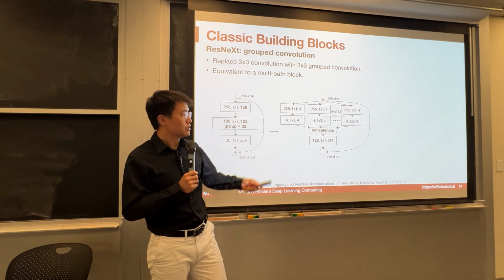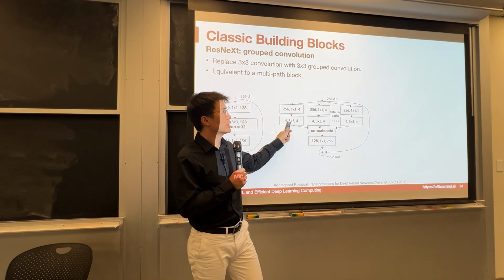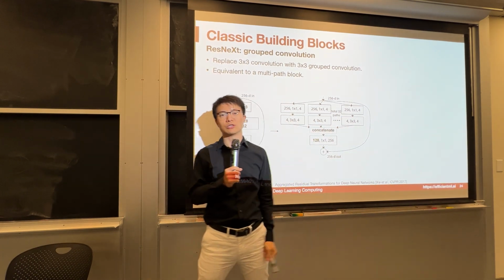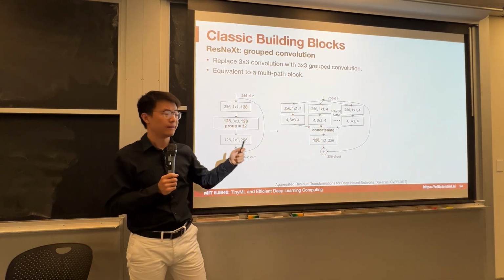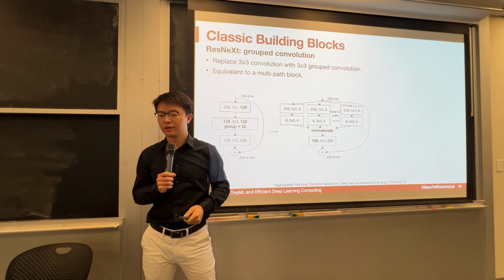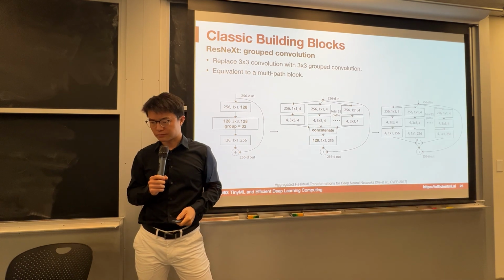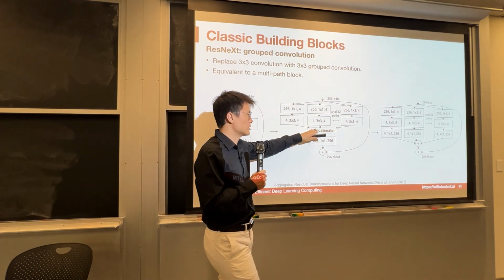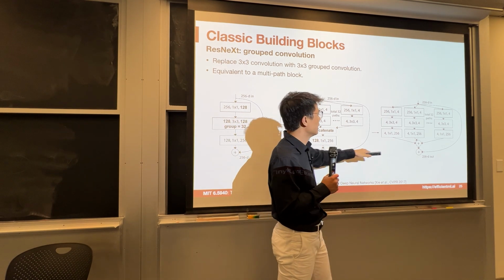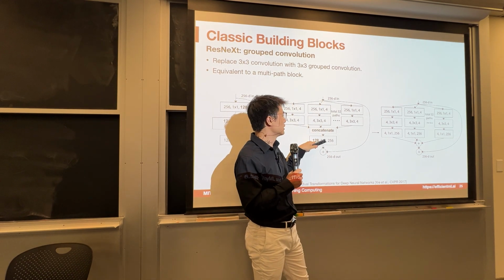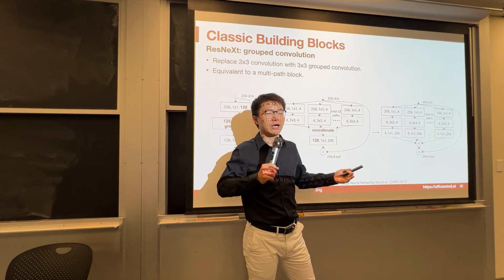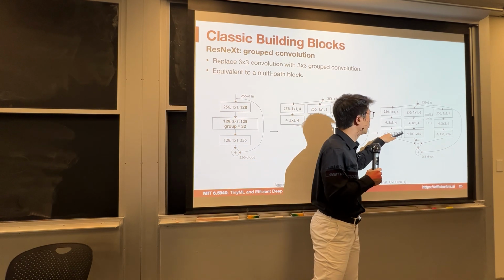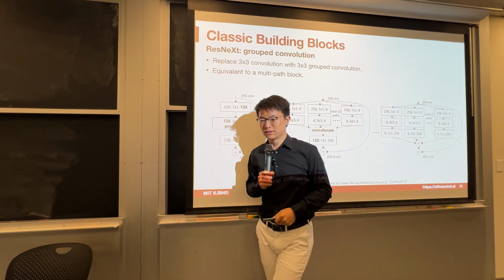But the difference is that the convolution here doesn't interact with the convolution over there. These convolutions are independent, rather than having one big normal convolution. And since these are linear, we can basically chunk this 128 by 256 by 32 times, so each one has only 4 to 256.